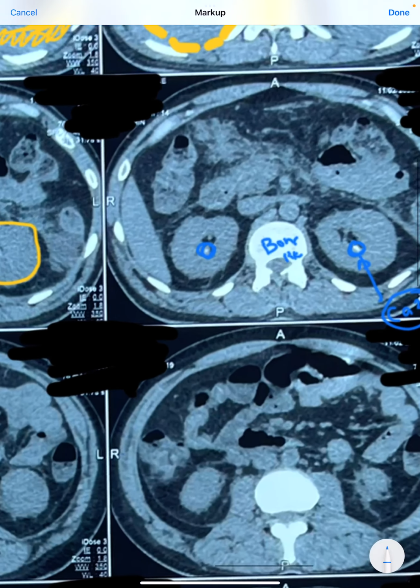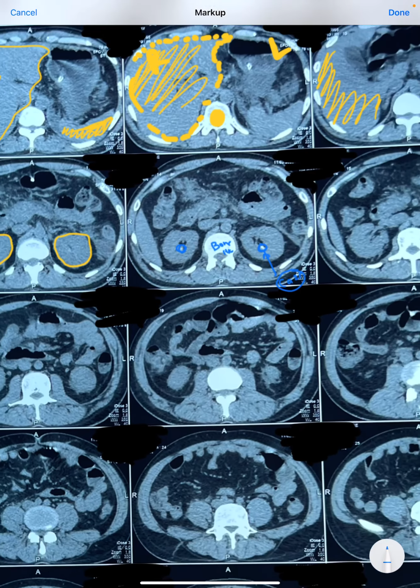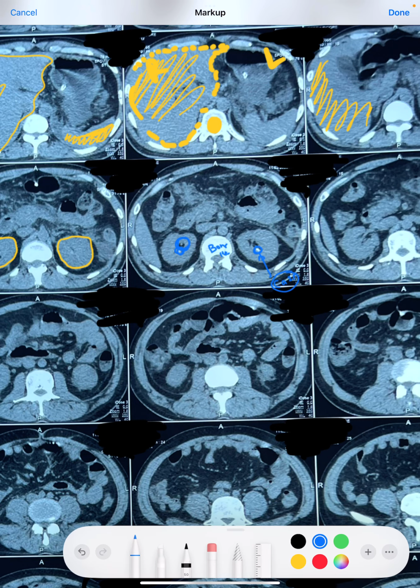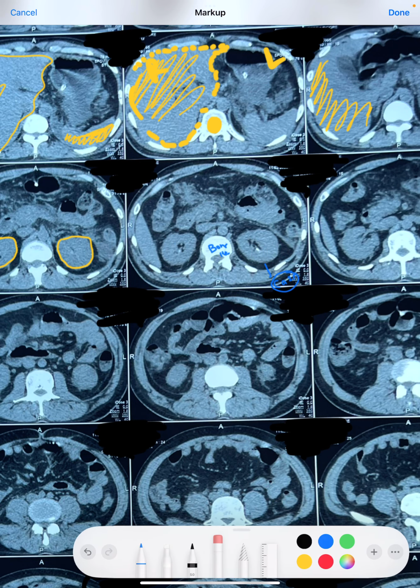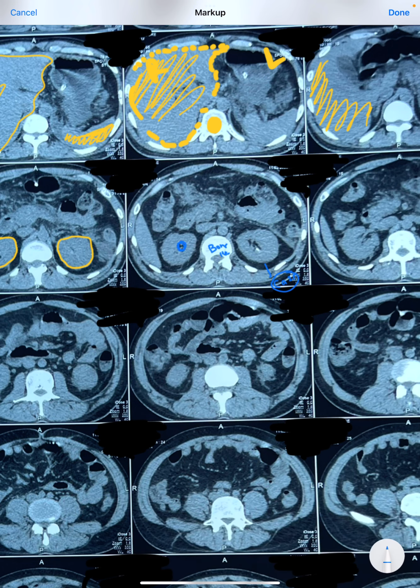So it is non-obstructive calculi because if it is obstructed, we can see hydronephrosis or dilatation of this pelvic calyceal system. We must know that kidney has a structure, the renal pelvis, through which kidney drains all its urine into the ureter. So this is the pelvis system, renal pelvis system.